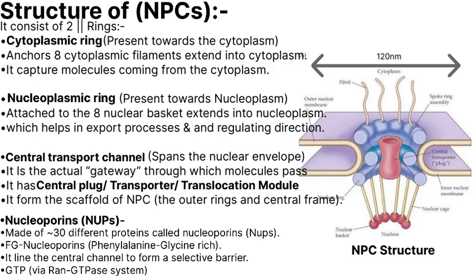The FG repeats containing nucleoporins line the central channel of the NPC with their filamentous FG domains extending into the heart of the central channel, in the middle, which acts like a selective barrier that allows small molecules free diffusion.